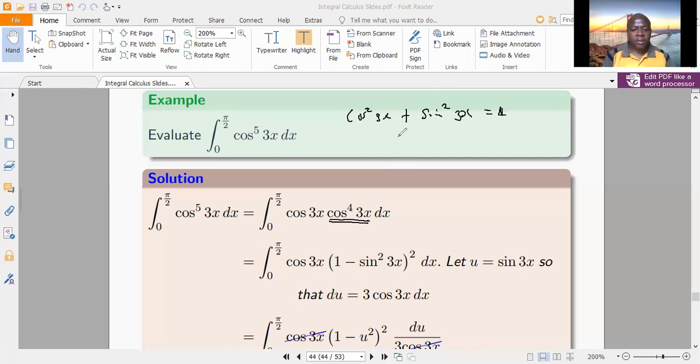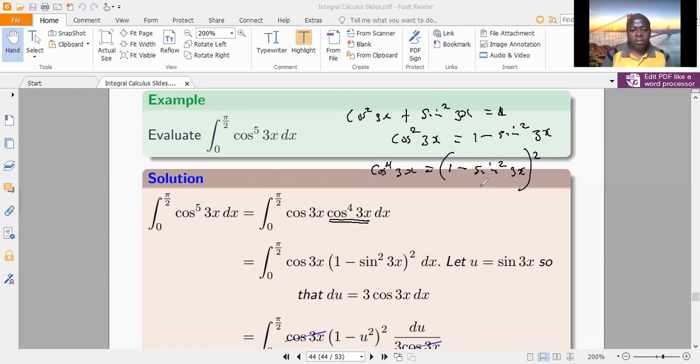So this means that cos 3x squared is 1 minus sine 3x squared. What I have here is cos 3x raised to 4. So cos 3x raised to 4 would be the same as the square of this. So it will be 1 minus sine 3x squared, all squared.